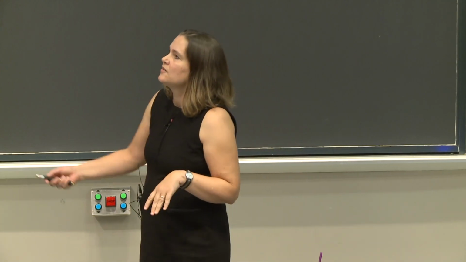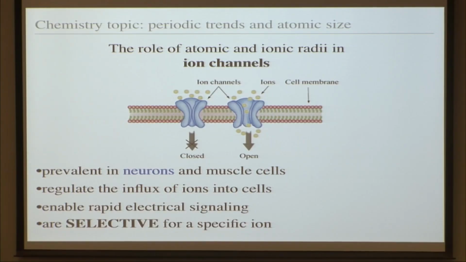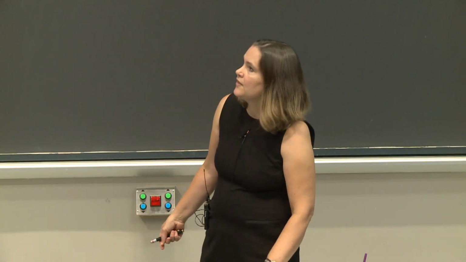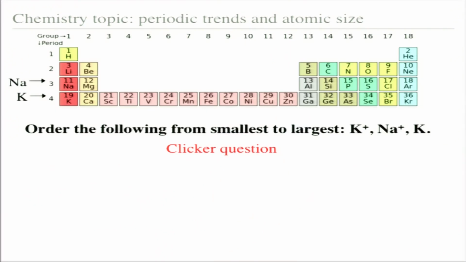So these channels are designed by nature to be highly selective, and if you're talking about a +1 maybe or another +1, they have to think about the radius. So why don't you tell me what the differential is in the radius from smallest to largest for these three different ones.